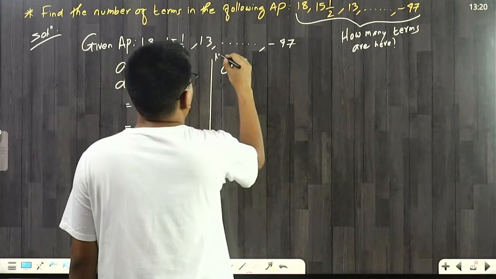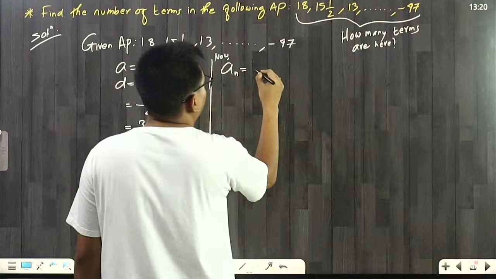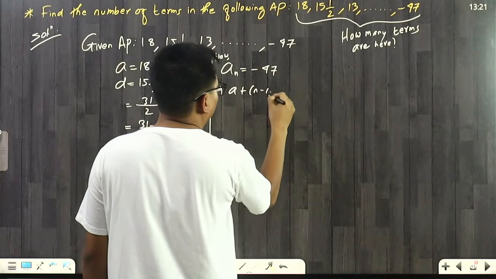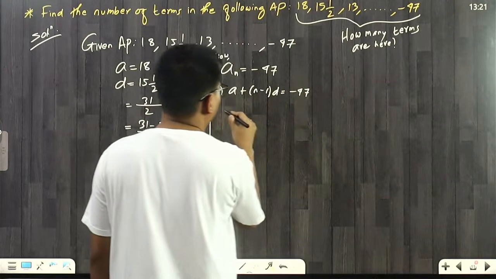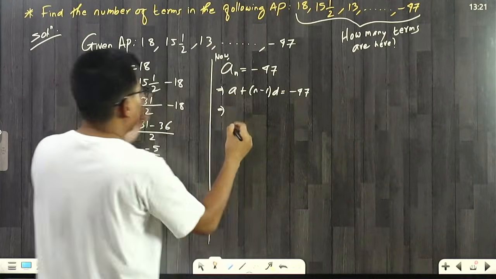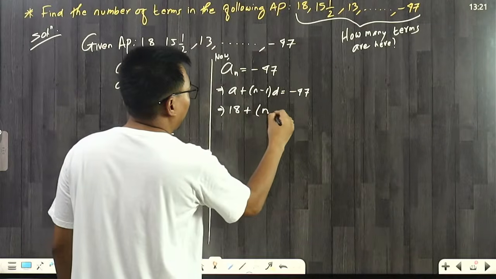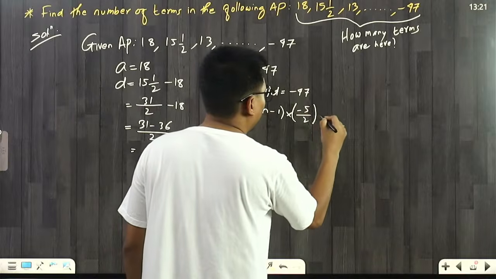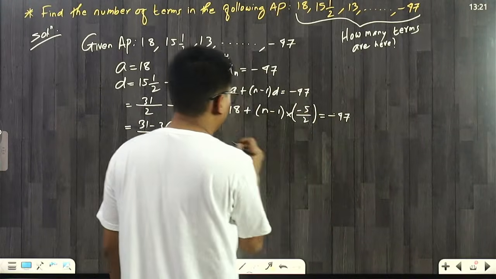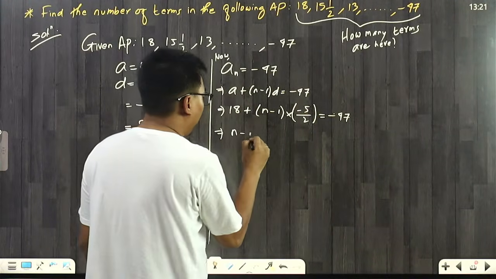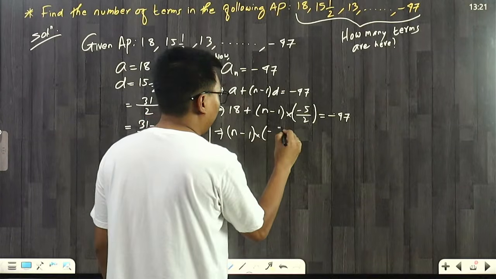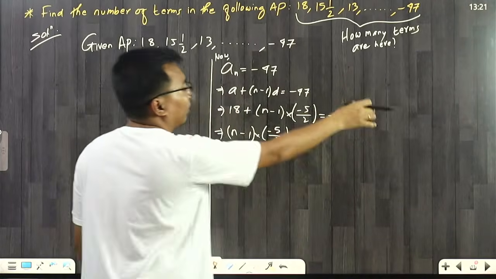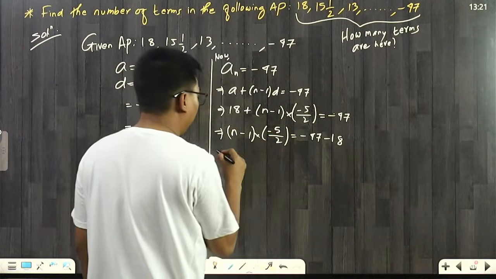Now, an is equal to minus 47. So a plus (n minus 1)d is equal to minus 47. a is 18 plus (n minus 1) into d, which is minus 5 by 2, equal to minus 47. 18, when it goes to the right hand side, becomes minus 18.